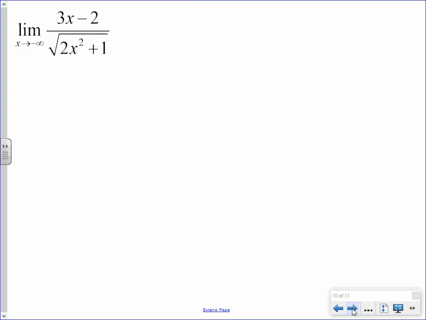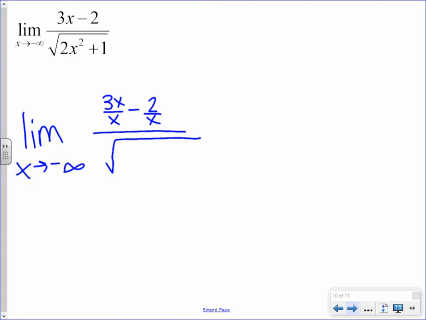Here again, our highest degree is technically x to the first, because we have the square root of x squared. So, like we did earlier, oops, this is negative infinity. We will divide everything by x, and under the radical, we'll divide everything by x squared. Here's where we have to be careful.